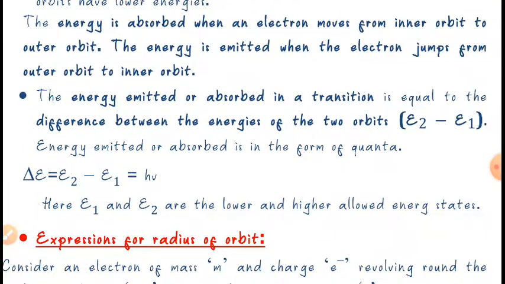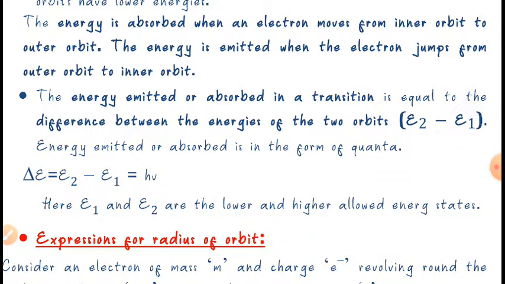Now next, Bohr says that the energy emitted or absorbed in a transition, when the electron is changing from 1 to 2, or 2 to 3, or 2 to 1, like this, will be equal to the difference between the energies of the two orbits.